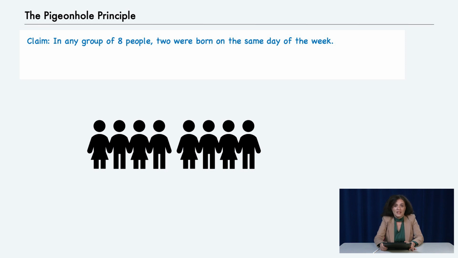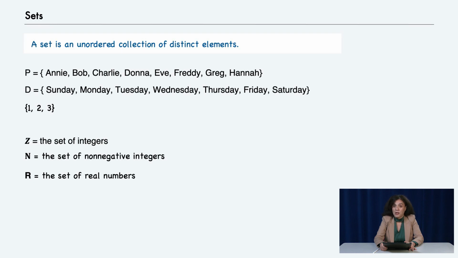But before we get into these claims, let's build up some notation and basic concepts. The first concept is a set. A set is an unordered collection of distinct objects. For example, in the dinner party example, we had a set of people: Annie, Bob, Charlie, Donna, Eve, Freddie, Greg, and Hannah.